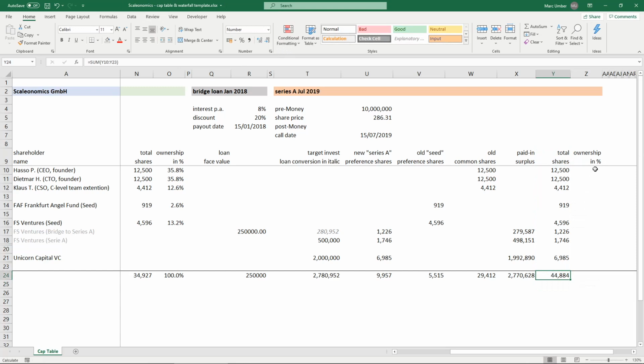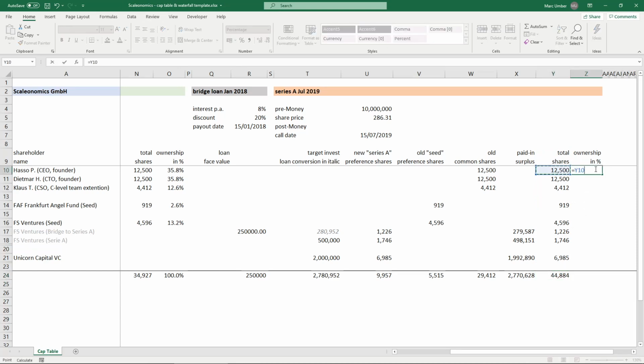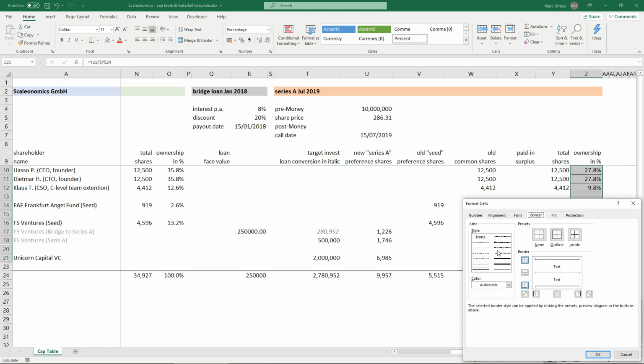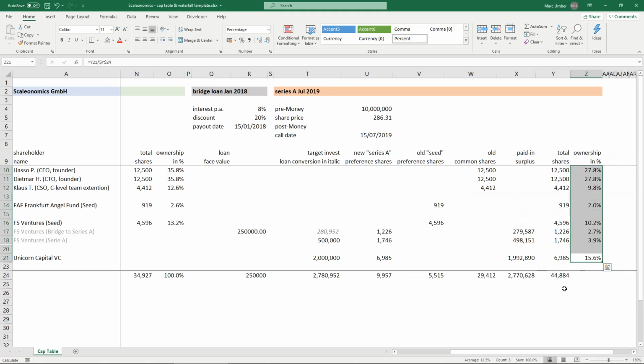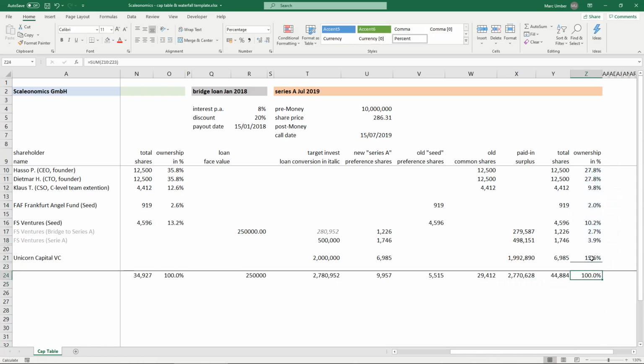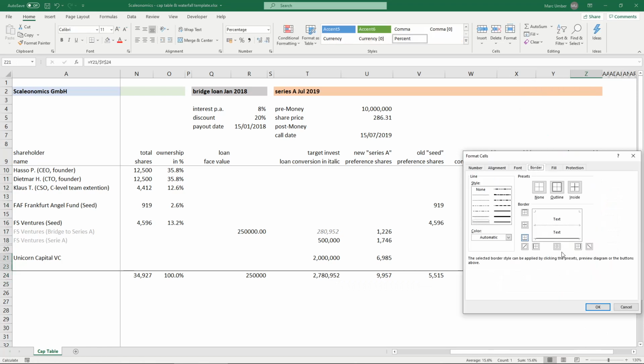No rounding errors. And now we can calculate the ownership of various shareholders. Again, let's have this very transparent and comprehensible. And let's check whether we made any errors. 100%. Very good.